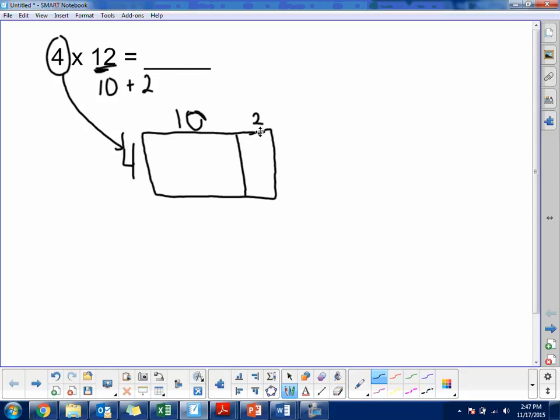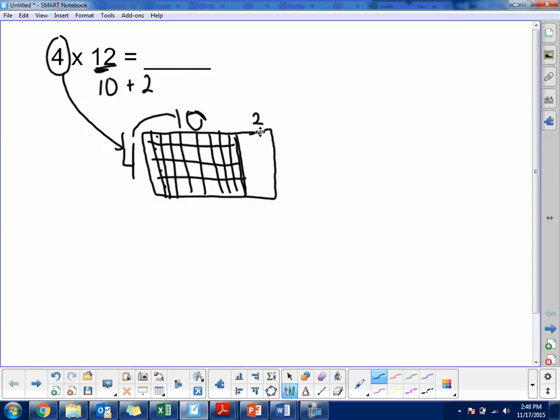What I'm going to use with this area model is I'm going to take this 4 and this 10, and I'm going to multiply them together, because I want you to think to yourselves. If I had 4, 1, 2, 3, 4 going up and down, and then I had 10 going across, 1, 2, 3, 4, 5, 6, 7, 8, 9, 10, what I would do is I'd have to multiply 4 times 10.